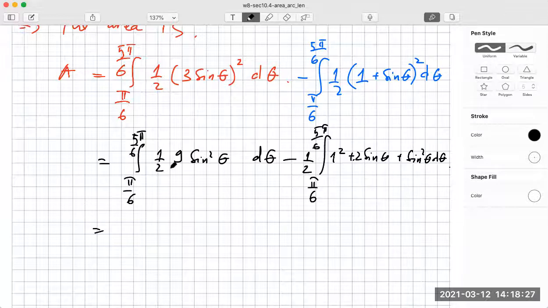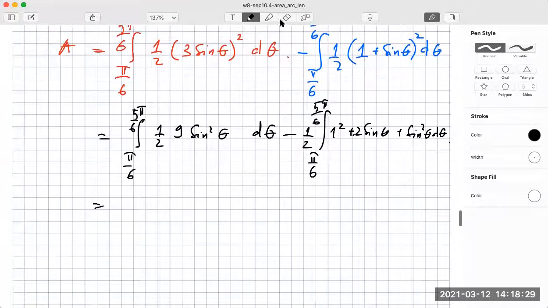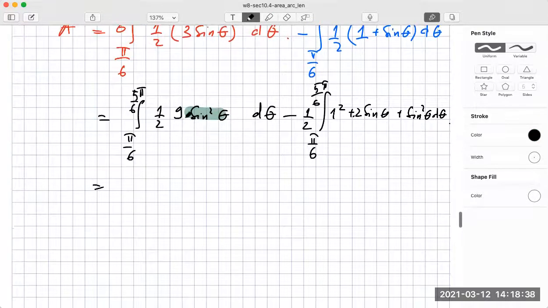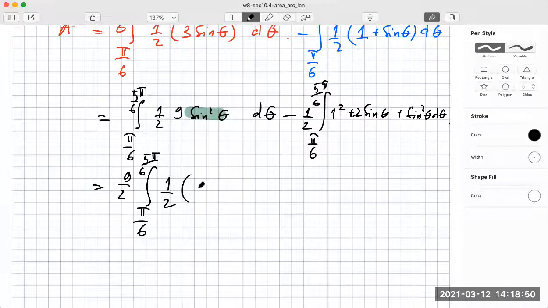Okay, the first integral here is sine squared, so we should use the half angle formula, right? And the constant here we can take out. It is 9/2 integral from pi over 6 to 5 pi over 6, and sine squared, which is 1/2 of 1 minus cos 2 theta, half angle.